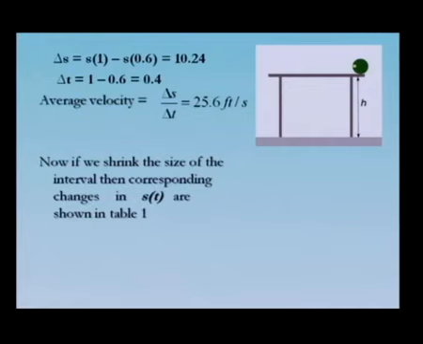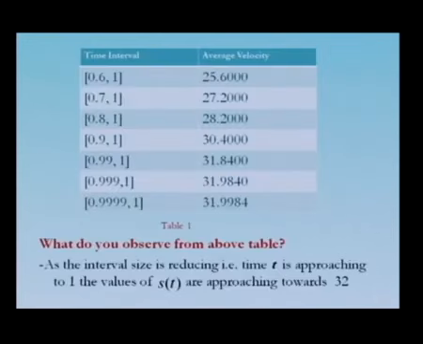Now suppose we shrink the size of the interval; the corresponding changes are shown in Table 1. When the time interval is 0.6 to 1, the average velocity is 25.6. When the time interval becomes 0.7 to 1, the average velocity becomes 27.20.